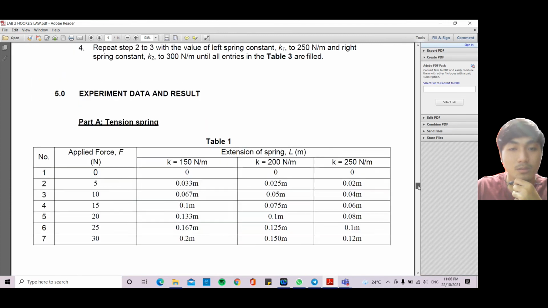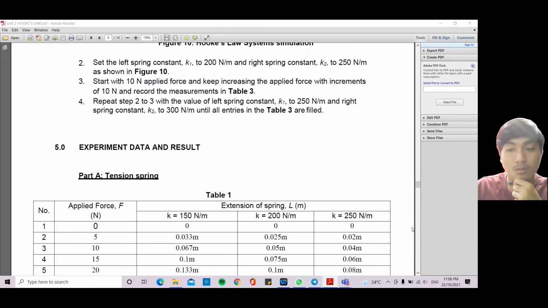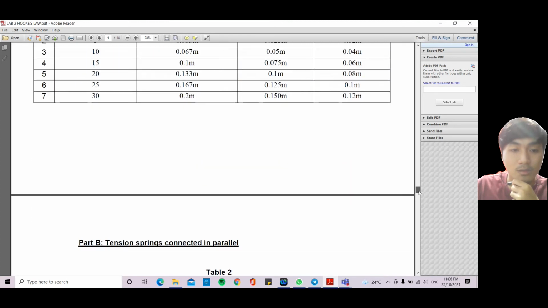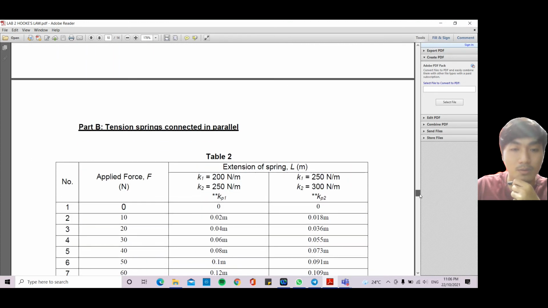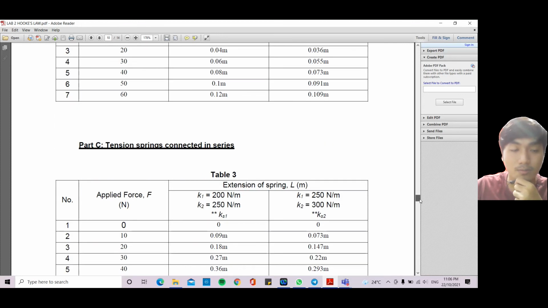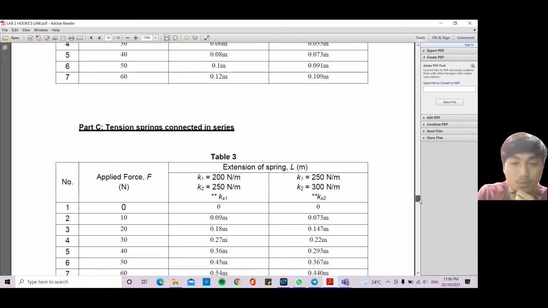After we did the simulation, we got the results for three parts: part A, part B, and part C. So this is the result for part A, table 1 that we got, and for part B, the result from table 2, and lastly part C, the result from table 3.